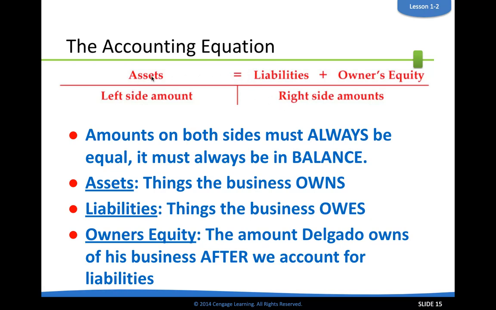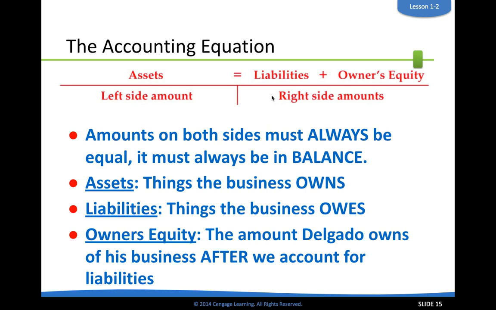So again, assets always need to equal liabilities plus owner's equity. So if you record a transaction on this side, an equal thing needs to happen over on this side, or if two things happen on both sides, it needs to be a positive amount and then a negative amount over on this side so that it's still equal. So it needs to always be in balance.